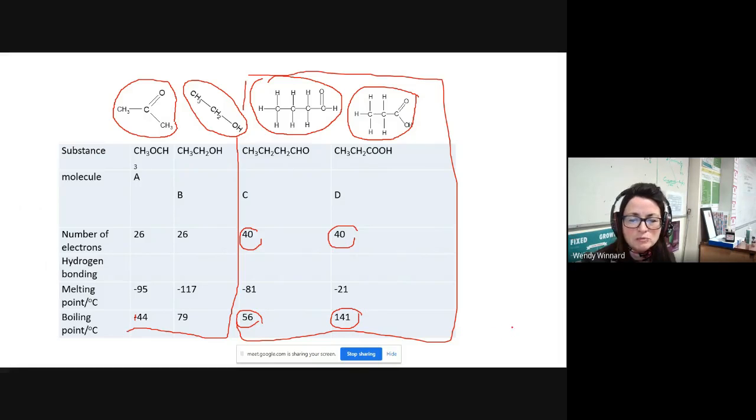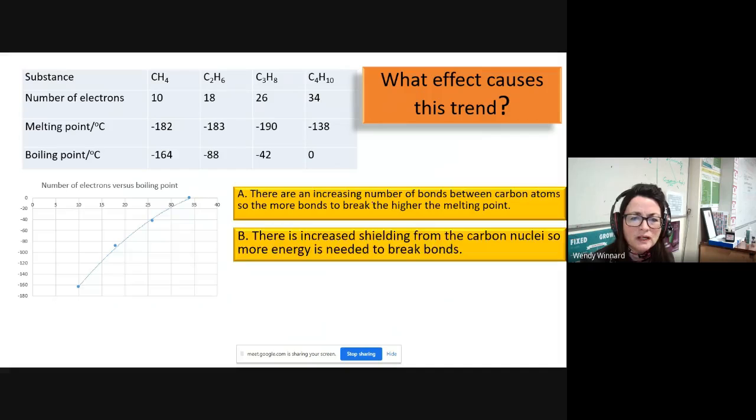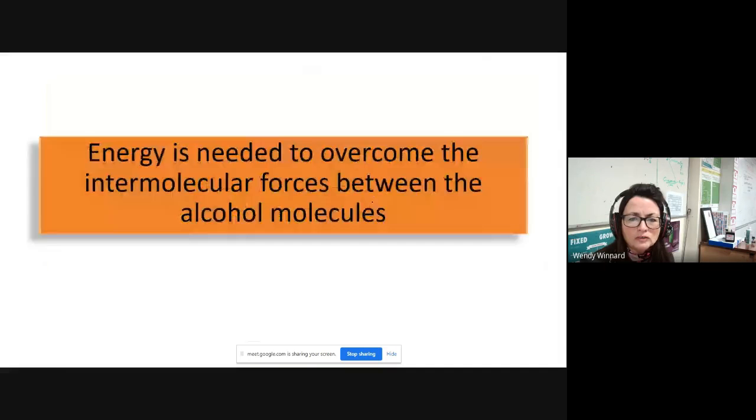Your answer for why they're substantially different is that this one has permanent dipole attractions between molecules, but this one, because it's got an oxygen joined to a hydrogen, the hydrogen is almost a naked proton, so that one can hydrogen bond. So how do we know if something can hydrogen bond or not?